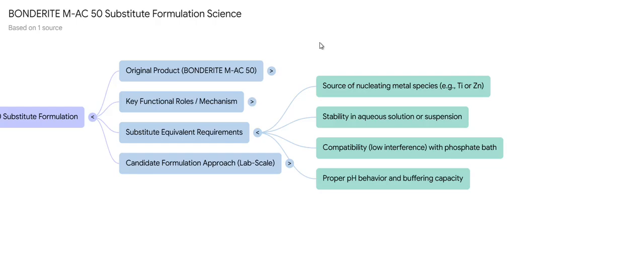That is also a must. That is the required phenomenon for a surface conditioner. And then the compatibility aspect. It should have low interference with the phosphating bath. It should have proper pH behavior and be capable of buffering, that is, it should arrest the change in pH.